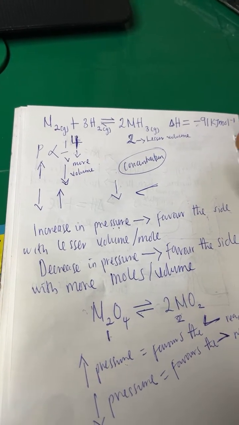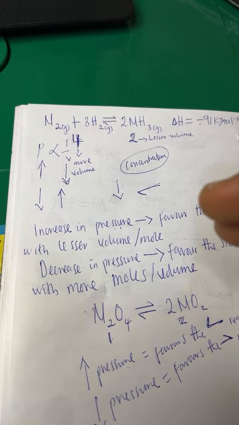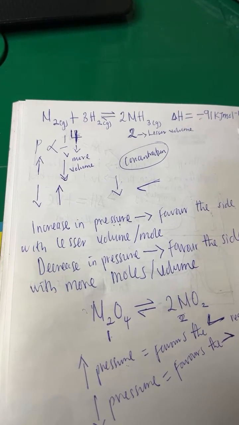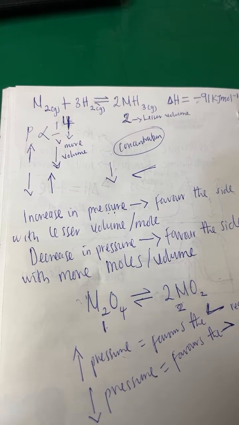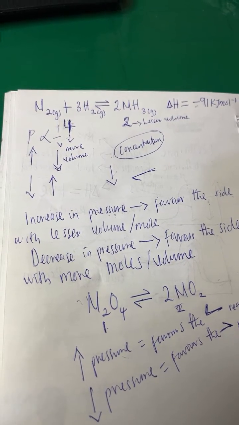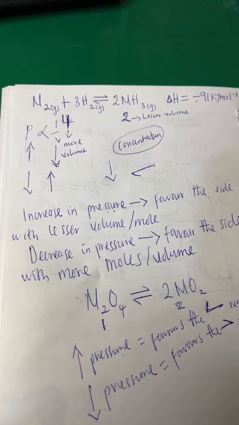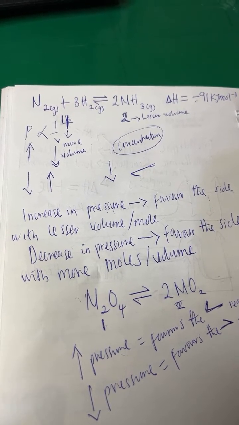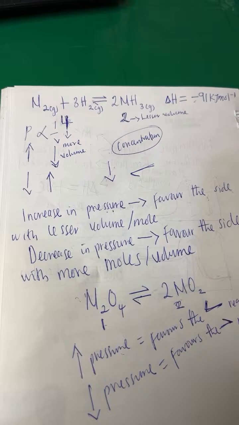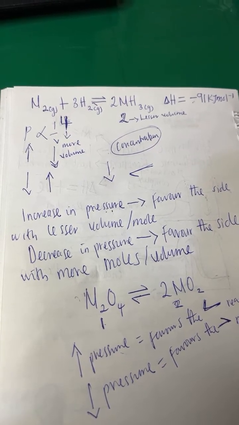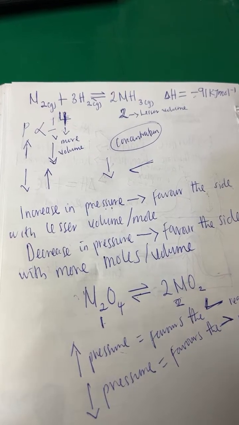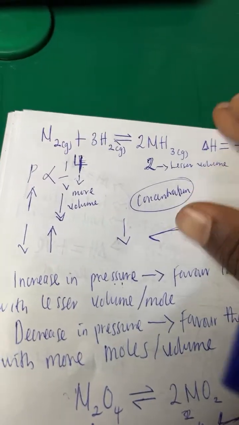So if the concentration is reduced, it will favor the side with more moles. This thing is just like opposite. Let me explain better.